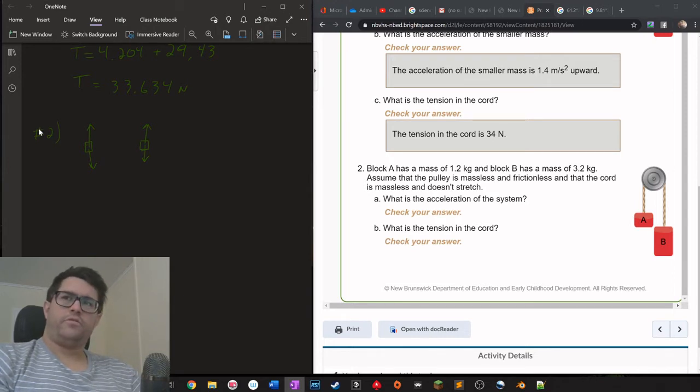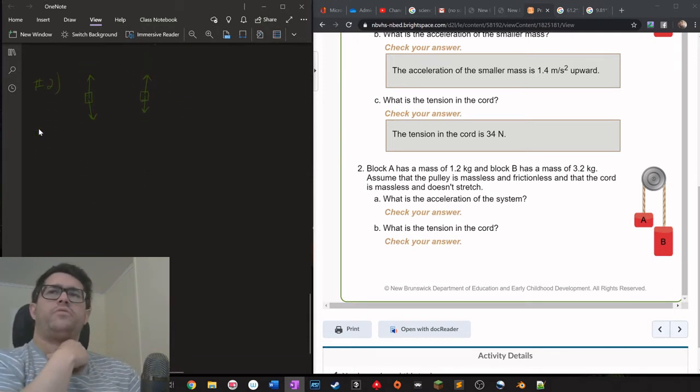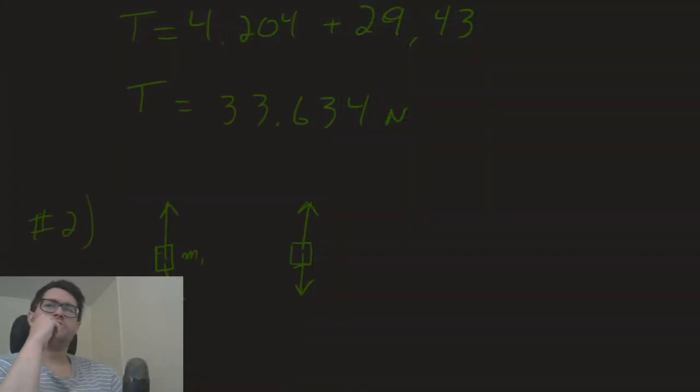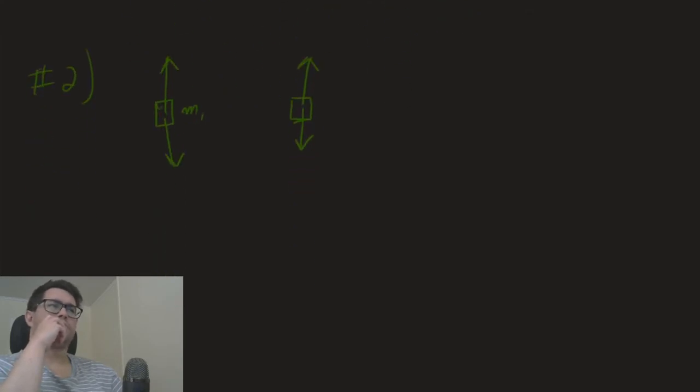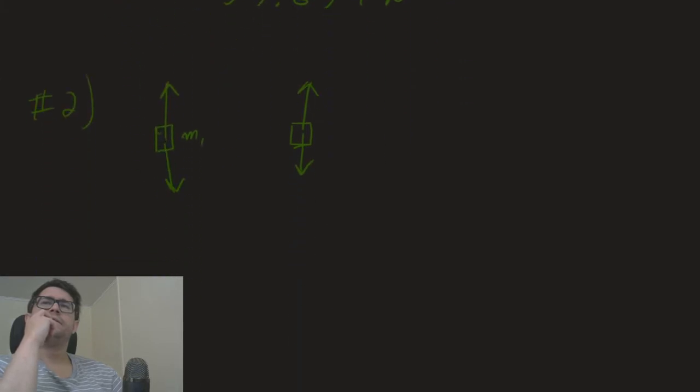So let's review the formulas. Maybe this is when I'm going to restart the video because it took me a while. So let's do it again with number 2. Block A has mass of 1.2. M1 is 1.2 kilograms.